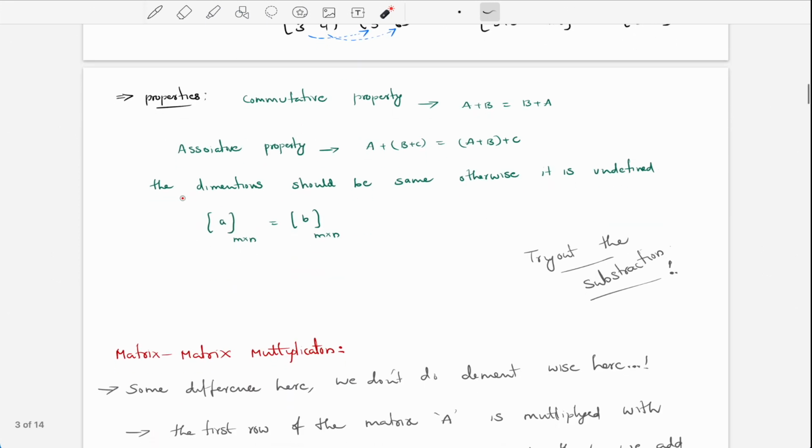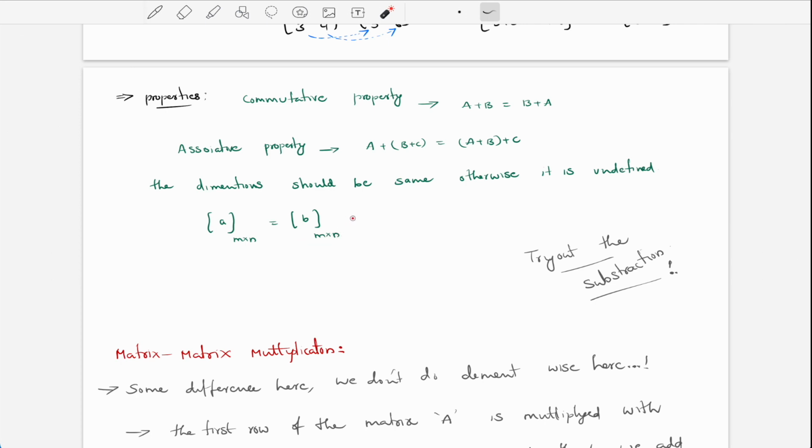Yes. So after that, the dimensions should be the same, otherwise it is undefined. When we are adding two matrices, the dimensions must be the same. If the dimensions are not the same, then how can we add? It's just undefined.